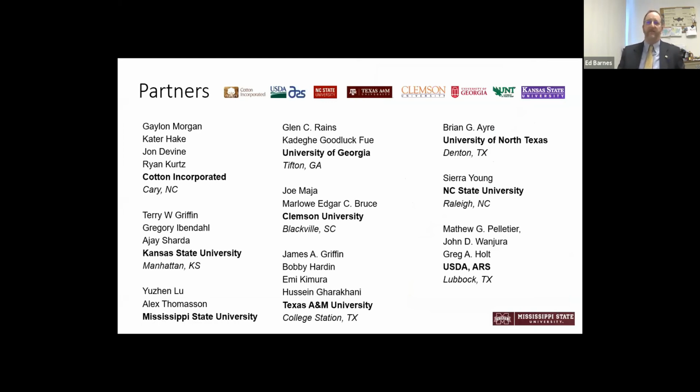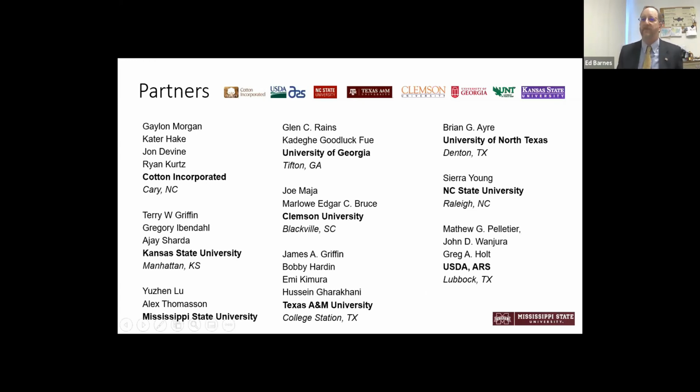In this presentation, I've benefited from input from several disciplines in our research division, including Galen Morgan, our Vice President Kater Hake, our economist John Devine, and entomologist Ryan Kurtz. I won't read through all the other names, but you can see several different institutions and the USDA ARS are all helping us think about how cotton could benefit from advances in automated technologies.